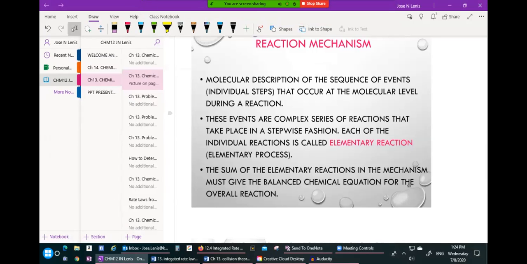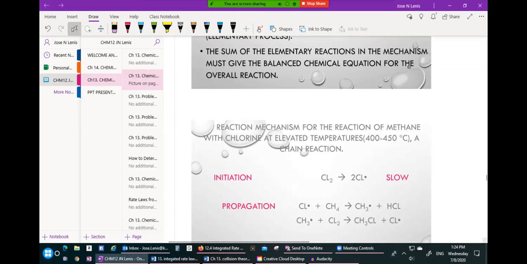Every individual step is what we call an elementary reaction or elementary process. When we add all these elementary steps in the mechanism, we should get a balanced chemical equation for the overall reaction.